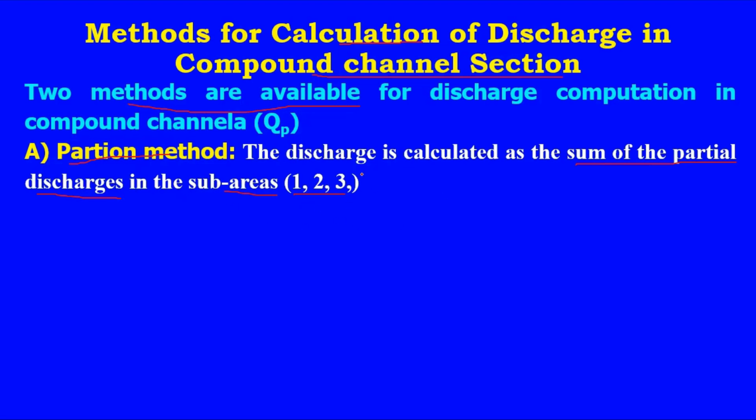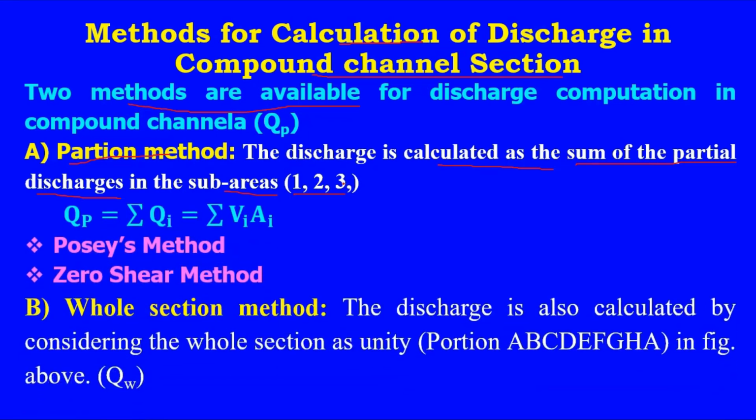Then finally we will use the Manning equation. Due to different roughness, we can compute such discharges. So you will sum up. So this is the partition method. In this method, you just compute the total discharge Q, which is the summation of the discharges, or the summation of V_i A_i.